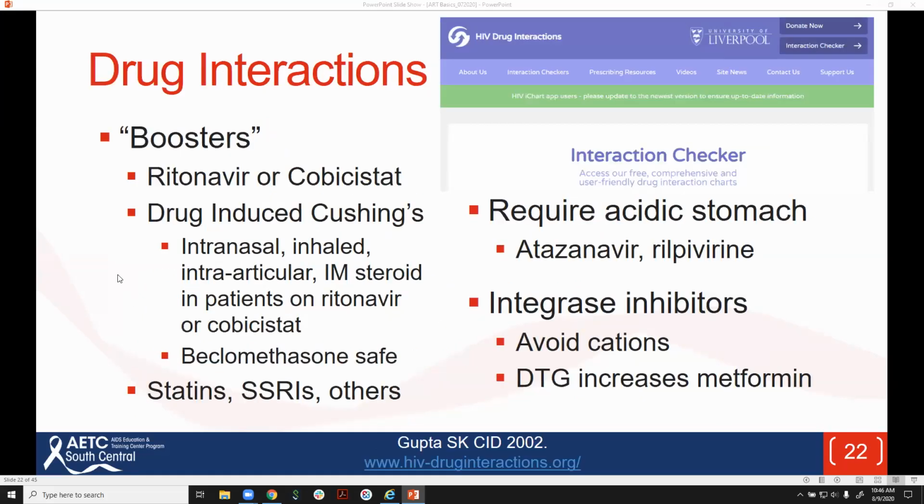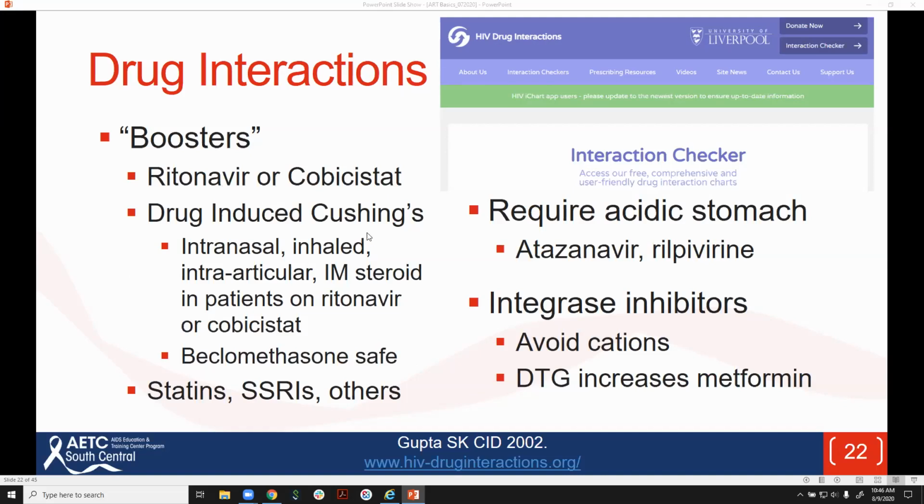The boosters specifically, so ritonavir and cobicistat, are used to boost the level of the other antiretroviral therapy, which allows the medications to be taken less frequently. That's really convenient for patients. However, they boost that medication by reducing its metabolism. And so there may be other medications that also use that cytochrome P450 that are also boosted, and so reduce the metabolism of those other medications.